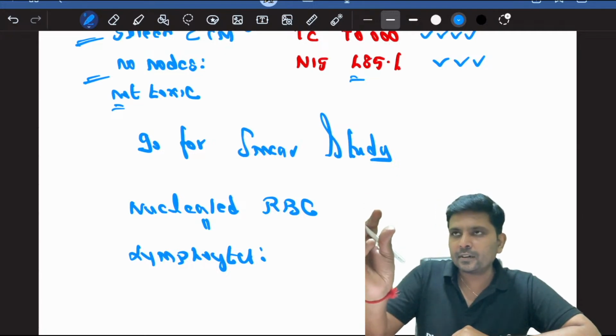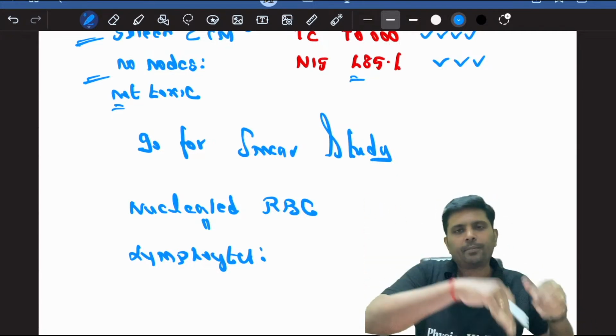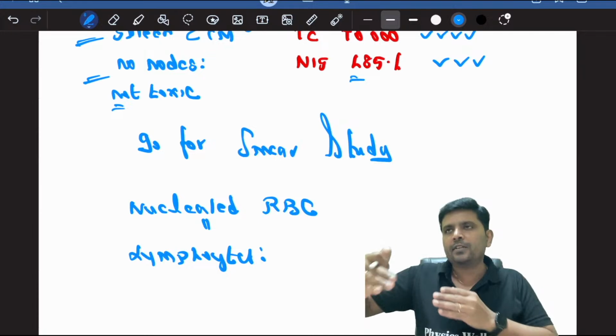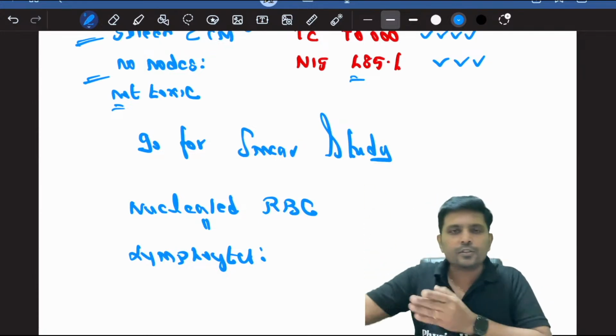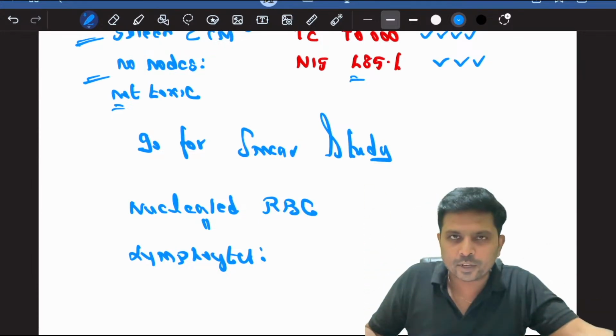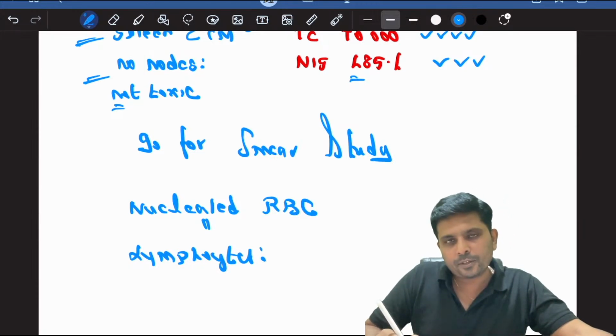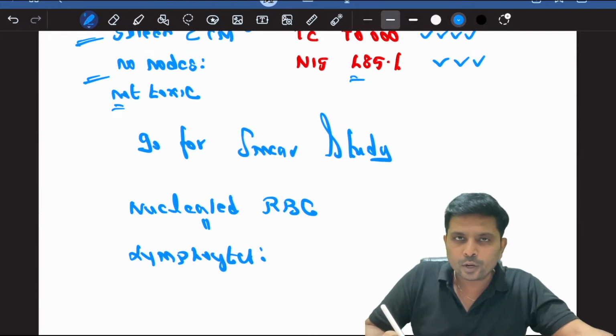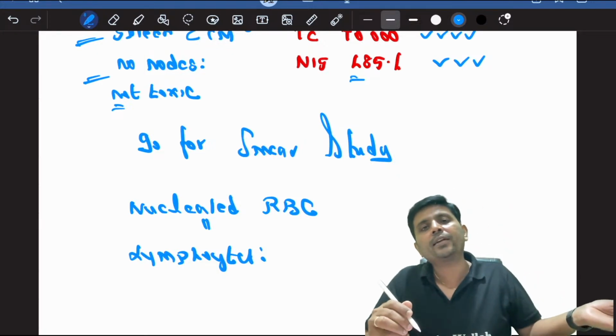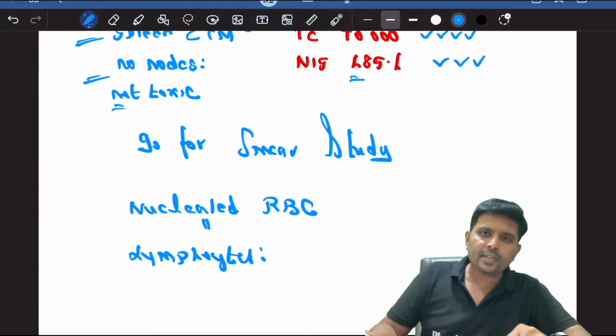If the size of the cell is this much, it will be counted as RBC. If the size of the cell is somewhere between this and this femtoliter, then it will be calculated as lymphocyte. What happens in case of nucleated RBCs? The size of the nucleated RBC is equivalent to the size of the lymphocyte. So it will be calculated as lymphocytes in a three-part counter.